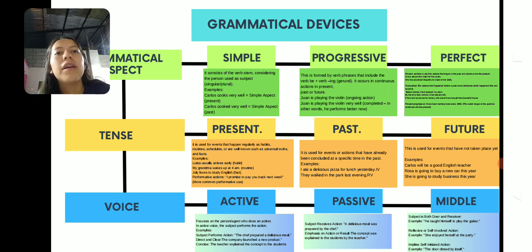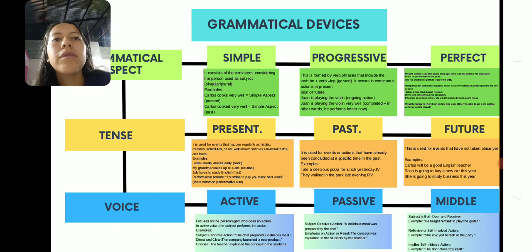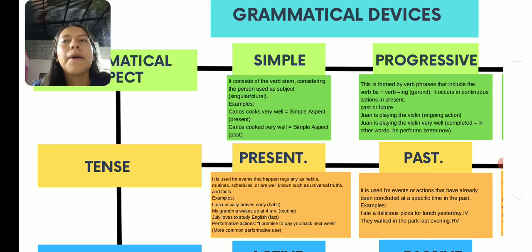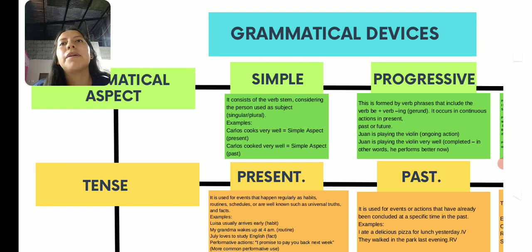Okay, first, I am going to show the grammatical aspect. The grammatical aspect refers to the form verbs might take in different types of constructions. It's important to understand that verbs play a very important role in aspect.